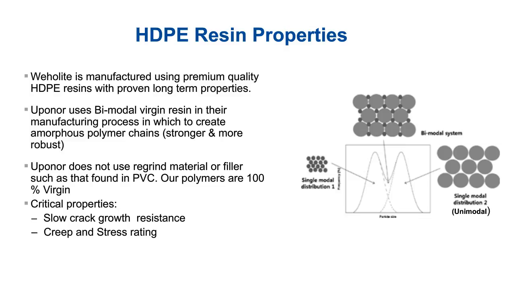It provides greater structural integrity, greater resistance to crack propagation, better stress ratings, and so on. The other aspect to Uponor, we don't use any regrinds or any filler in our materials, which allows us to have very tight control over the characteristics of our products.